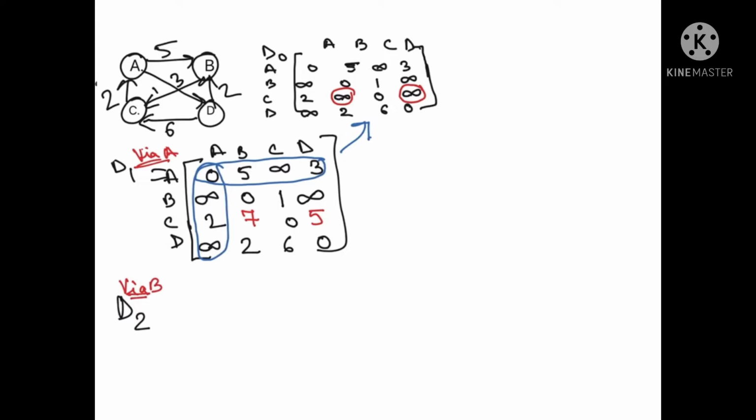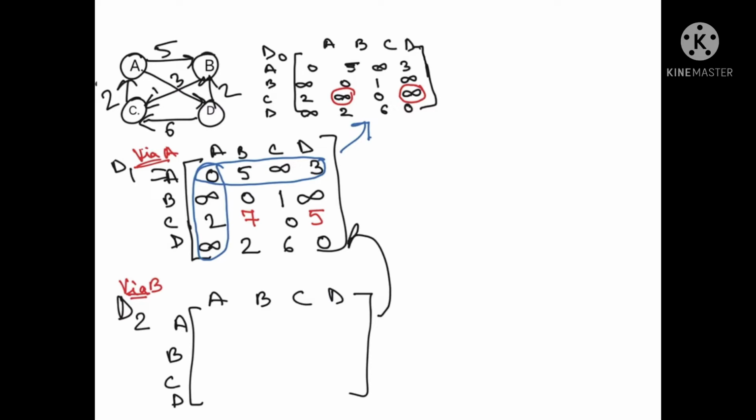Okay, so now the same thing I will do. I will make A, B, C and D, and then here also A, B, C and D. Okay, now same thing. What will happen in this is the second one remains the same, but second one we will look into this one. Okay, so I will say 5, 0, 7, 2, and this one will be infinity, 0, 1 and infinity.